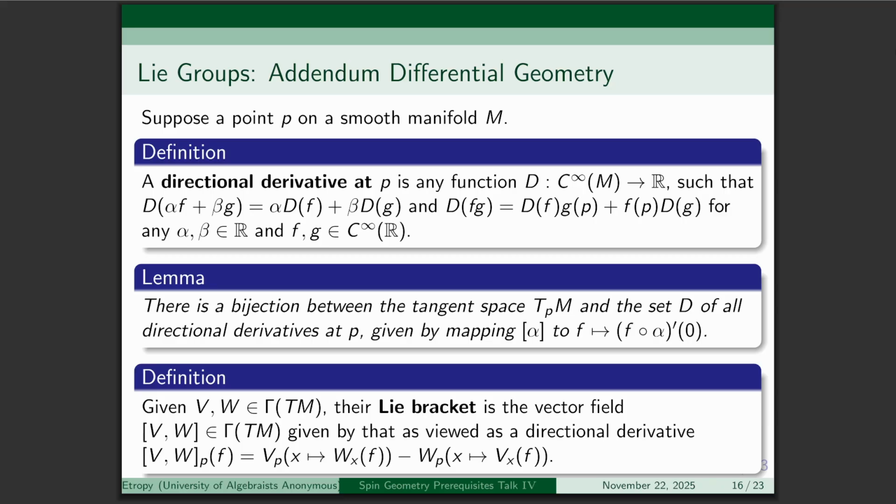The way we do that, we have our v and w, and what we can do, we can get two functions. One function maps a point in our manifold to the directional derivative of our function with respect to w, and one the same with respect to v. So we get two smooth functions, and now these smooth functions we can use to take directional derivatives of them via the vector field.